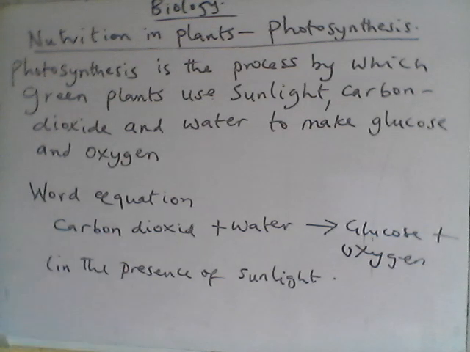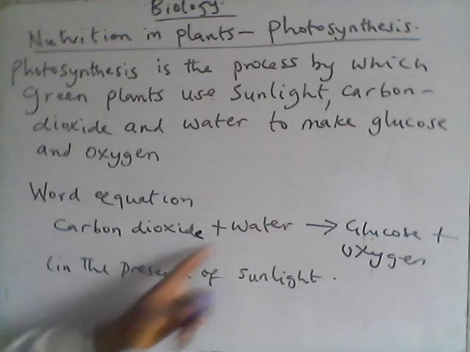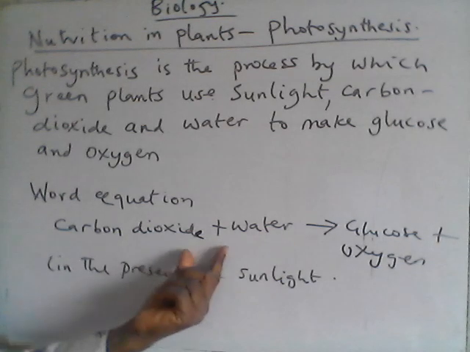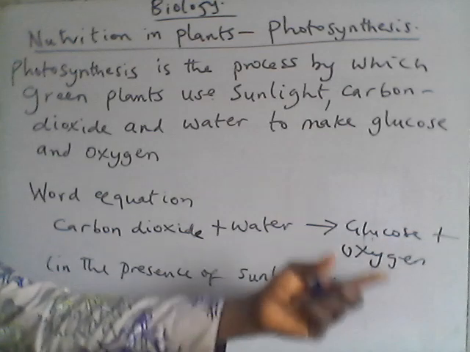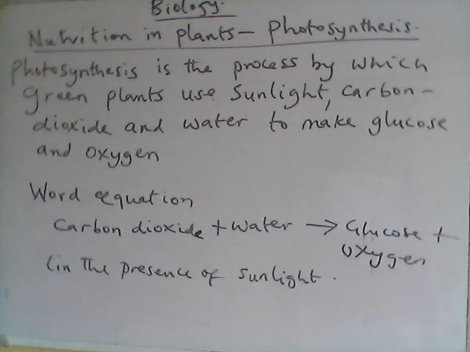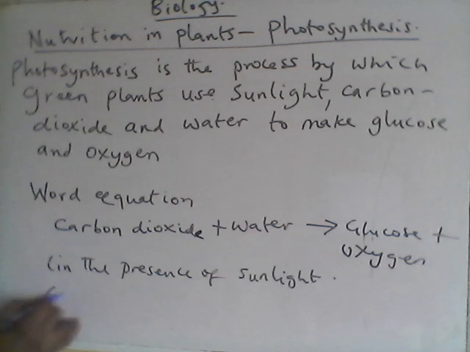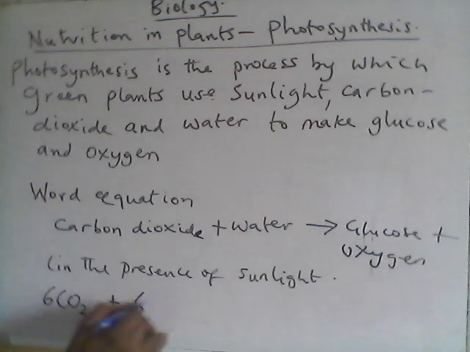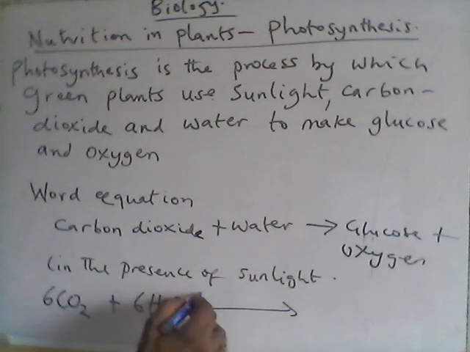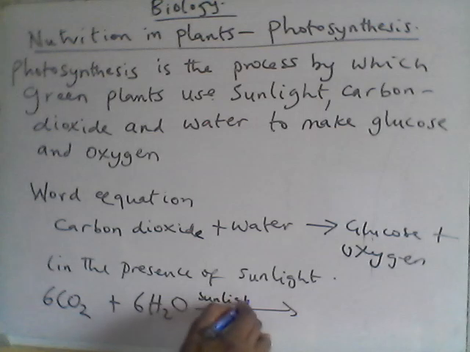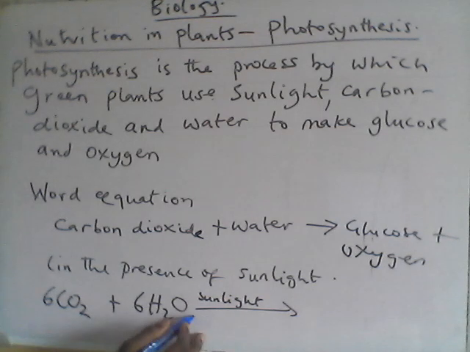Carbon dioxide and water are the ingredients. In the presence of sunlight, they will give us glucose, which is what they need, and the oxygen is given out. By chemical notation, 6 molecules of carbon dioxide, adding to 6 molecules of water, in the presence of sunlight, catalyst, and chlorophyll.